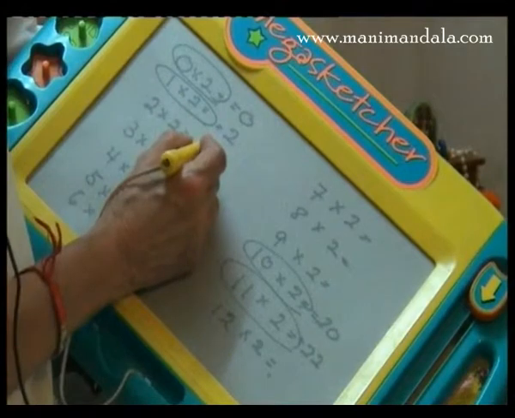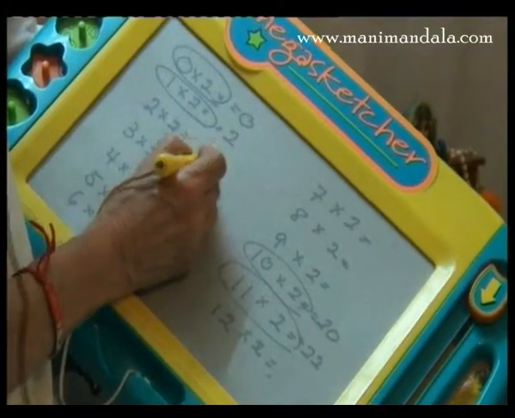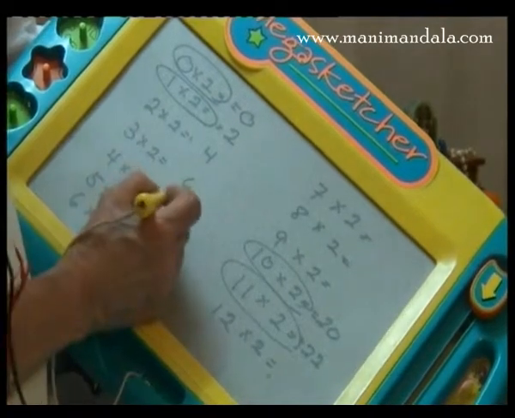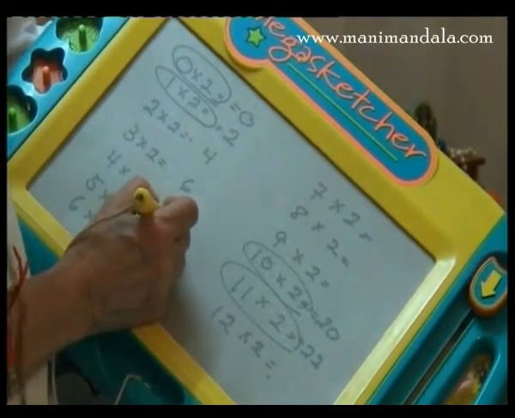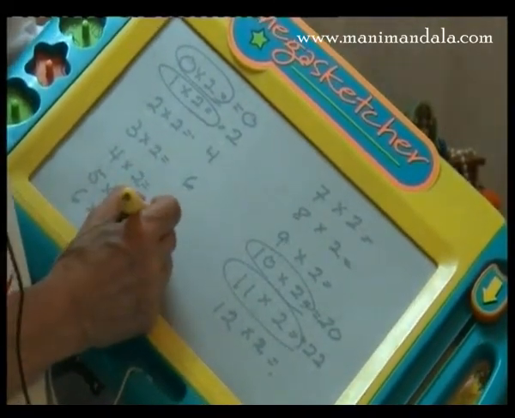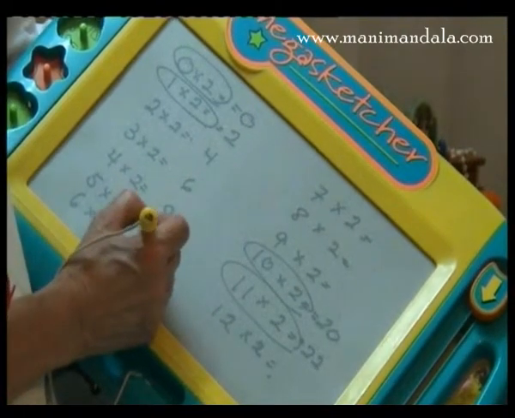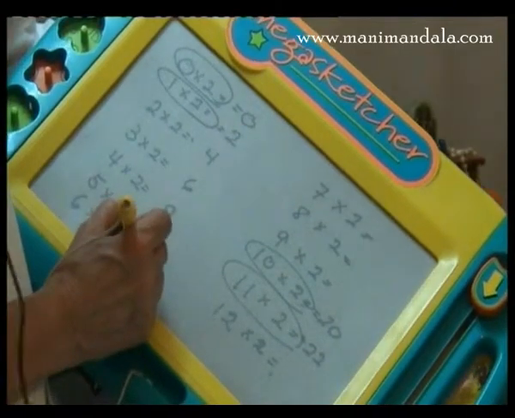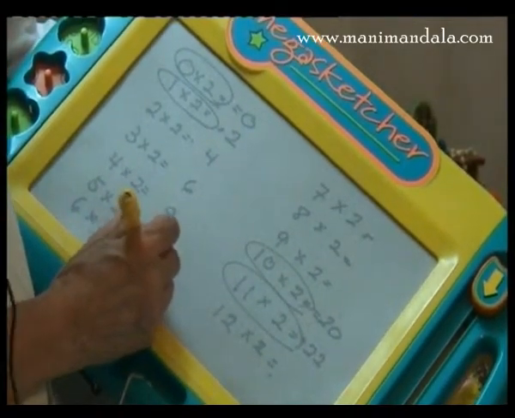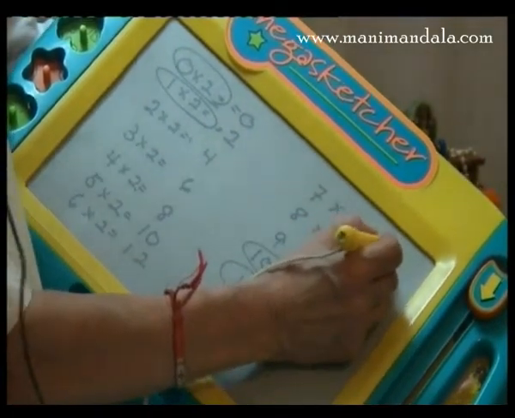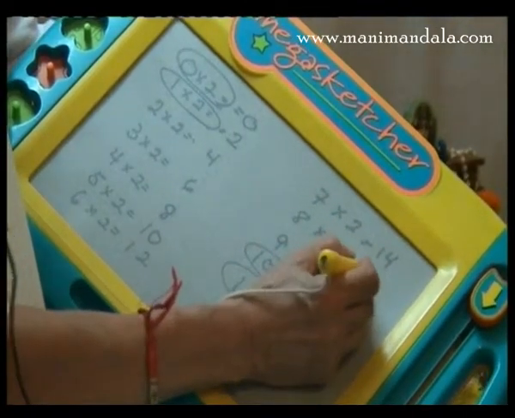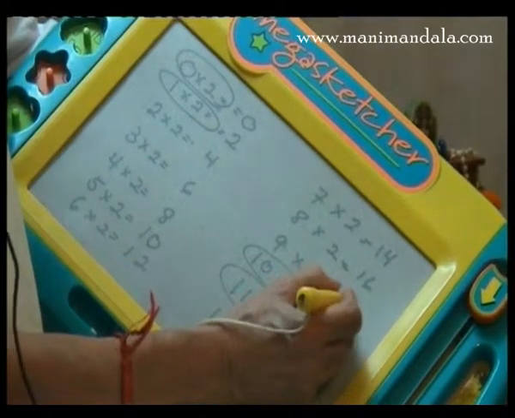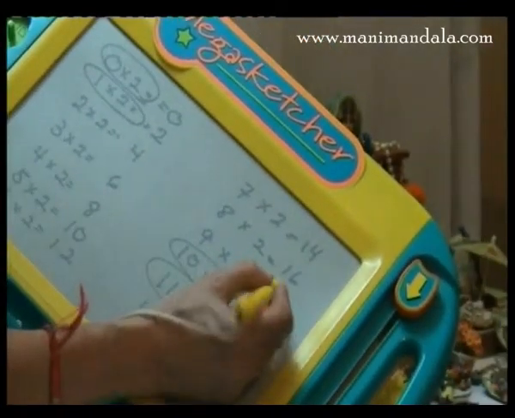So 2 doubled is 4, and 3 doubled is 6, and 4 doubled is 8, and 5 doubled is 10. Yes, we've done this before when we added, right? When we did our doubles. And 6 doubled is what? 12. And 7 doubled is 14, and 8 doubled is 16, and 9 doubled is 18.